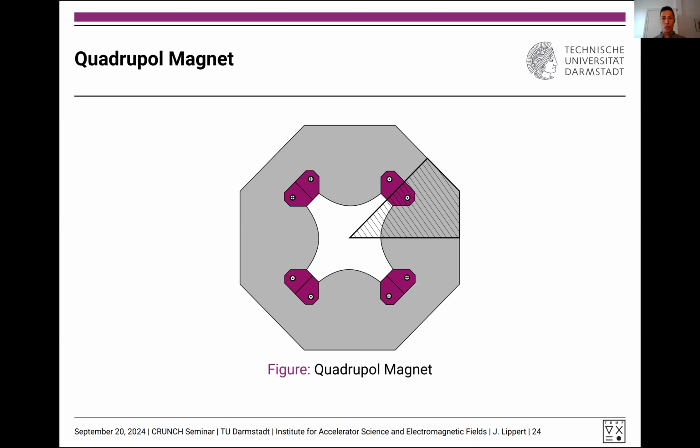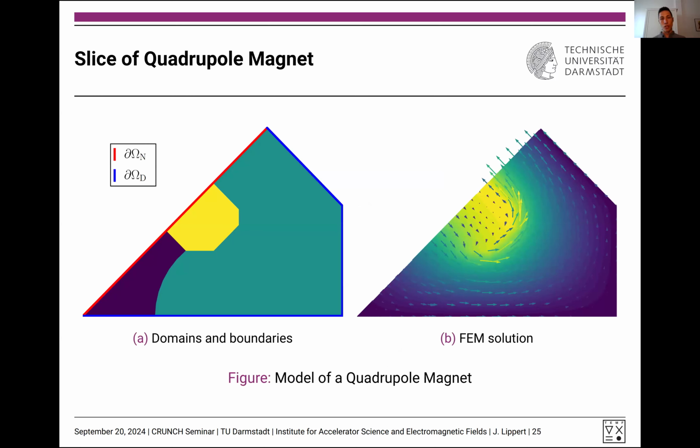And here we only simulated 1/8 of the magnet, since for reasons of geometry, we can derive the rest of the solution from this one. So here on the left-hand side, again, we have our slice. The green area represents the iron choke, the purple area the vacuum inside the beam pipe, and the yellow area is the copper coil with the excitation current.